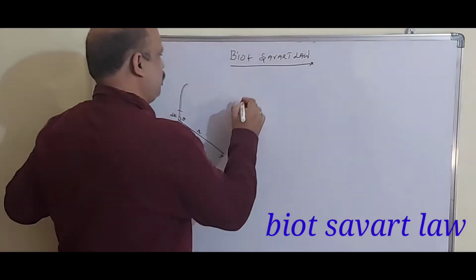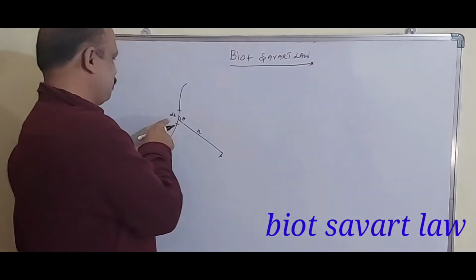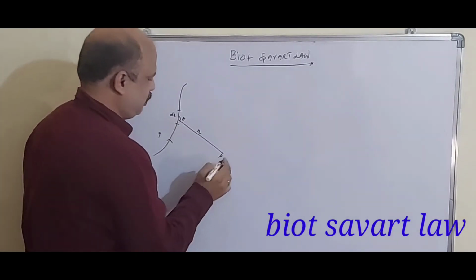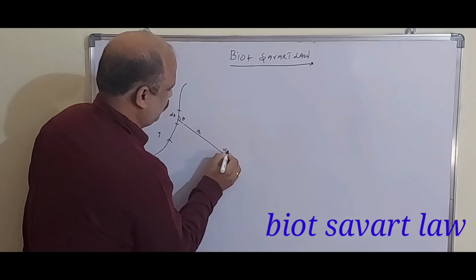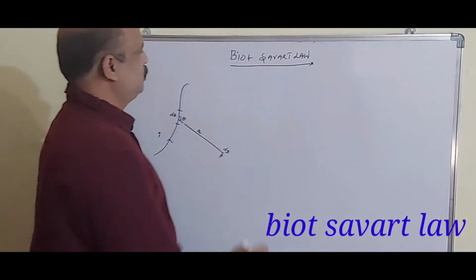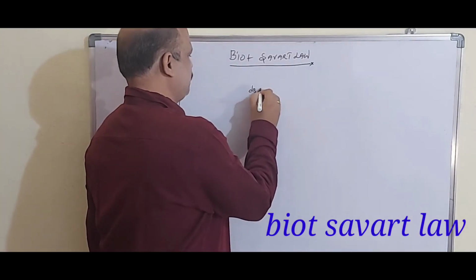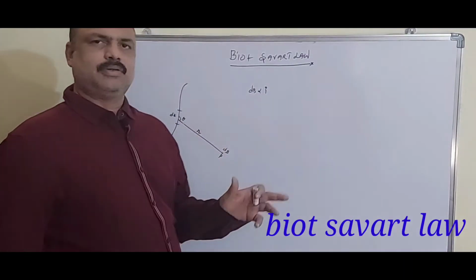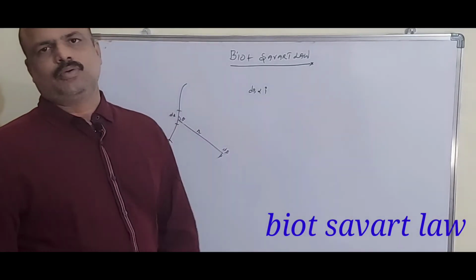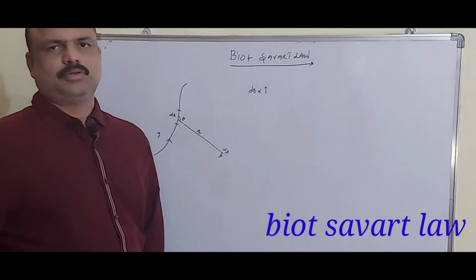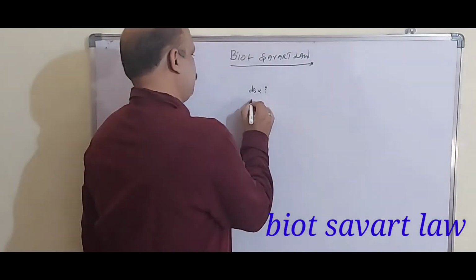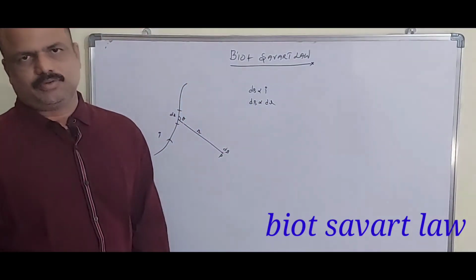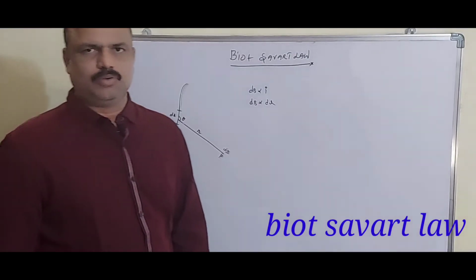So according to this law, whenever current is passing through this small element, a magnetic field dB is produced at point P. That dB is directly proportional to I. The magnetic field is directly proportional to the current passing through that small element, and also dB is directly proportional to the length of that small element, dl.